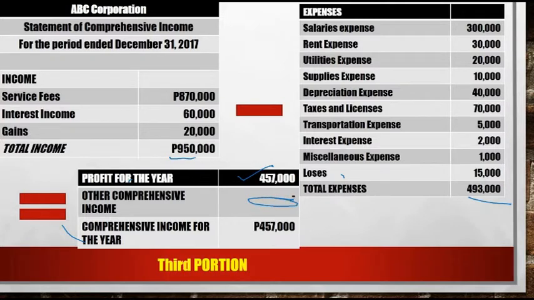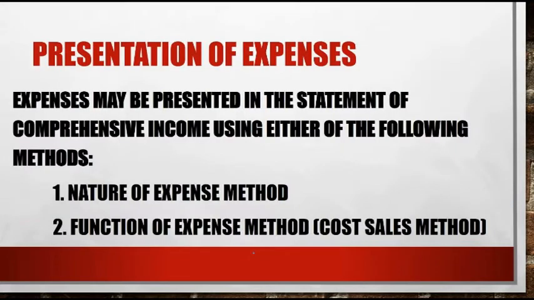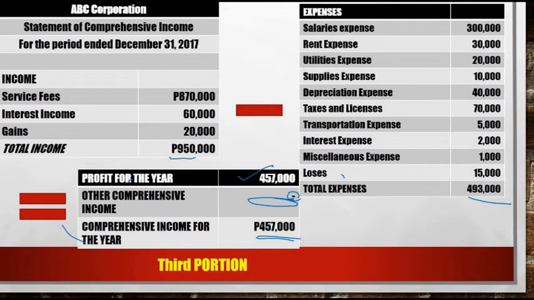So, lagyan lang natin siya ng guhit para kunyari, zero siya. So, makuha mo na ang comprehensive income for the year na 457,000. So makikita natin yung isang buong version nito dun sa module na isi-send ko sa inyo.